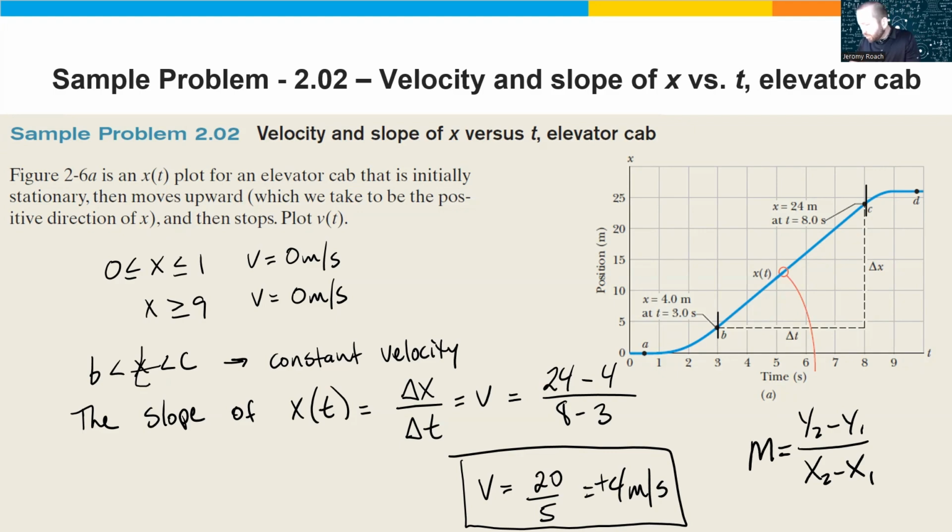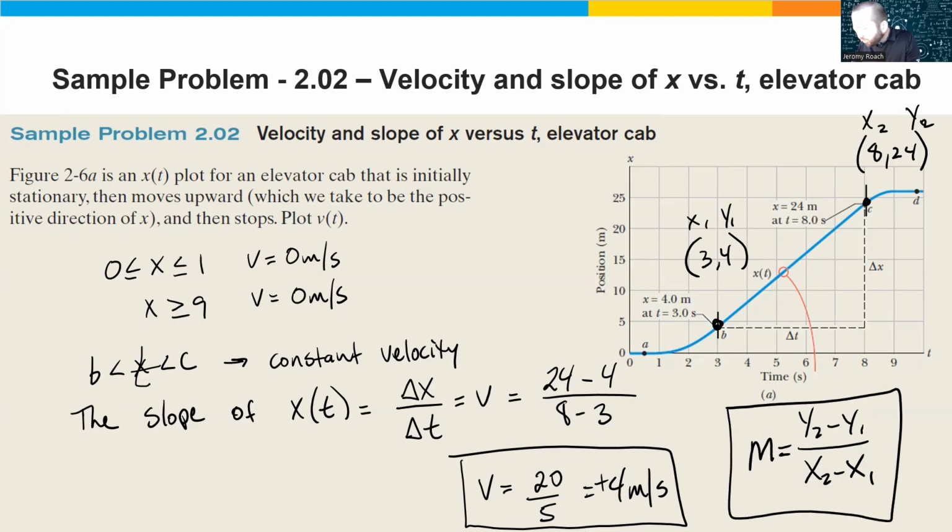And so here, if we identify what these points are, this point is (3, 4), and this point here is (8, 24). And so we can call this our x1, y1. This is x2, y2. And this probably is reviewed for many of you from other math courses.